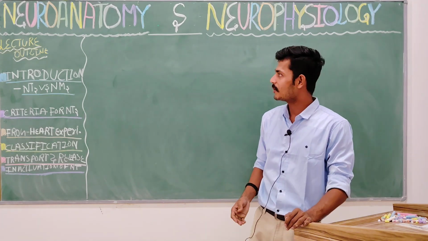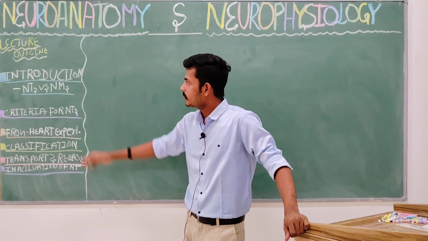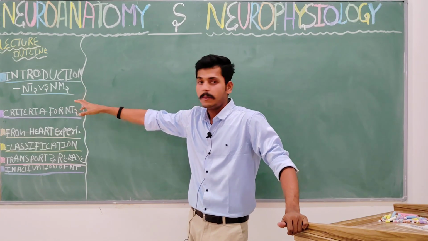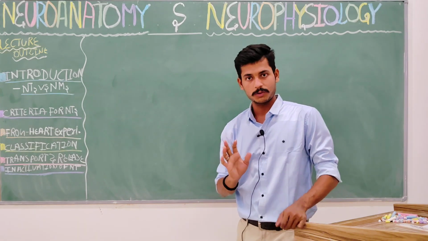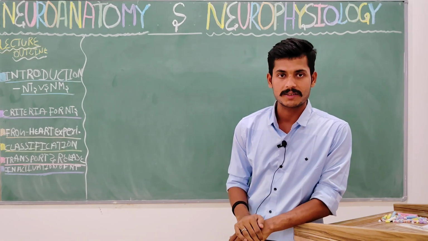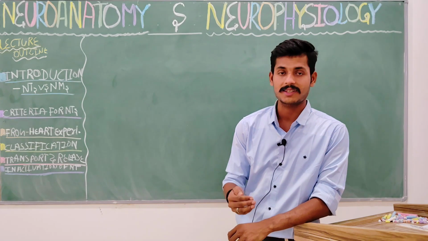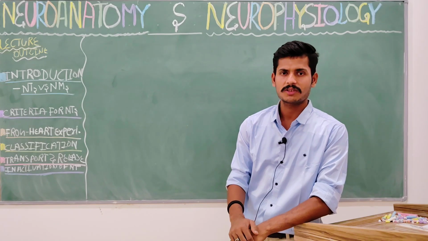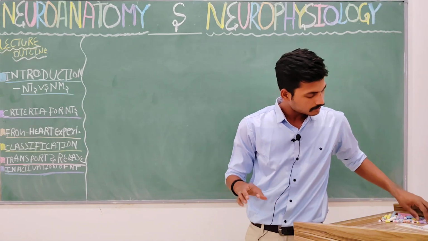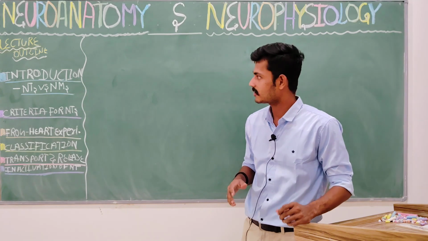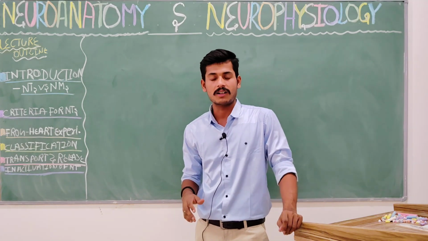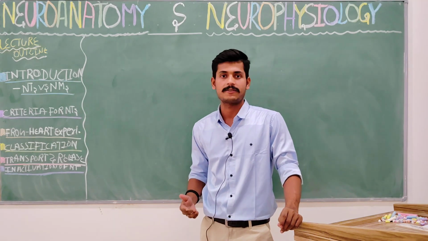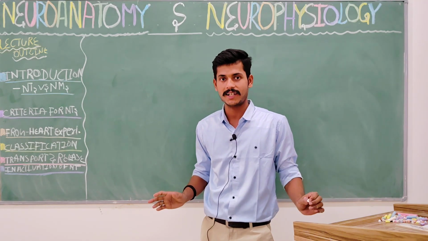So here is today's lecture outline. First we will deal with the introduction. But now you know that there are chemicals in the central nervous system which participate in the transmission of impulses, of action potentials, so there is no need to define the neurotransmitter further. Rather, we will see other chemicals also found in the nervous system, referred to as neuromodulators.